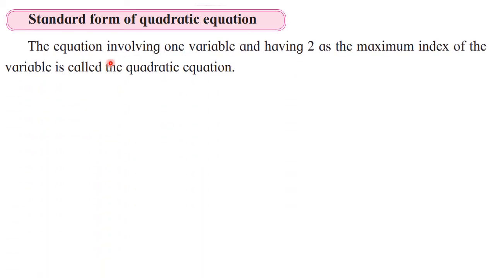Let us now see what the standard form of a quadratic equation is. First of all, we will see the definition of a quadratic equation. The equation which has only one variable and two as the maximum index of that variable is called a quadratic equation.